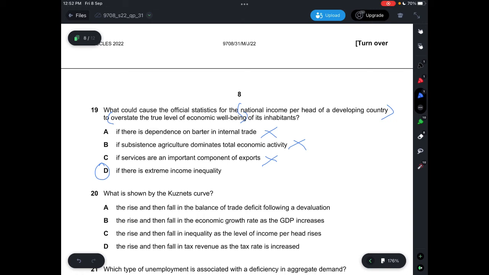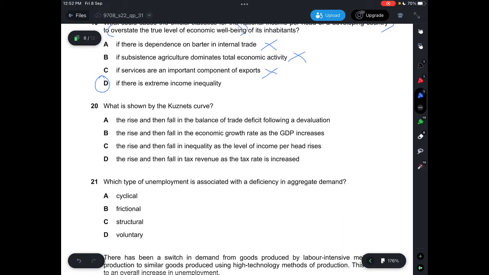So C says services are an important component of exports, which is possible. If let's say that's the important component, that means it's the main component, right? So if there's actually income inequality, maybe the people who are richer would be richer, but the poorer would be poor and remain the same. The people who are richer will become richer, and that will increase the national income, but that means that there's still a huge gap between the rich and the poor. So the answer is D.